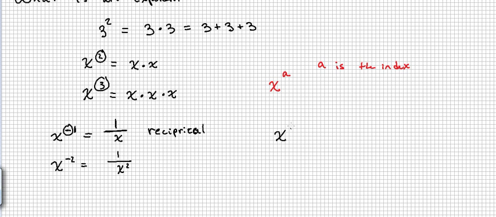Obviously if I have x raised to the first, this would just be x. However, if that's a negative 1, we're going to divide 1 by x. So x to the negative 1 would be 1 over x. If x is to the 0, then x to the 0 is just equal to 1.